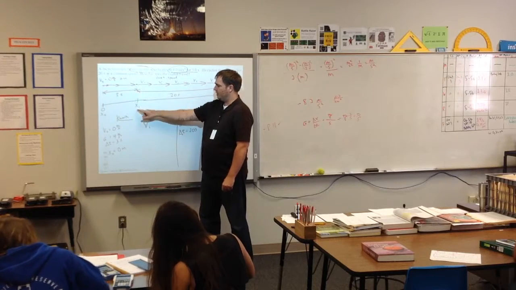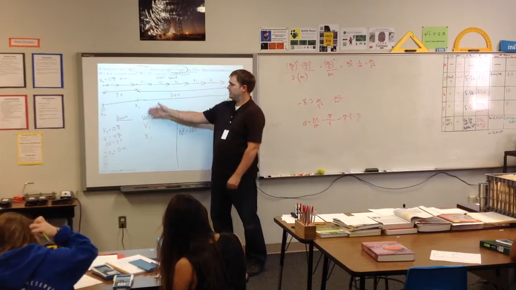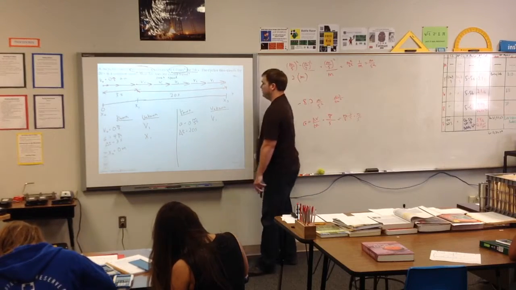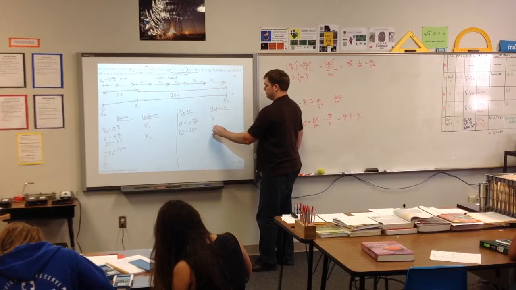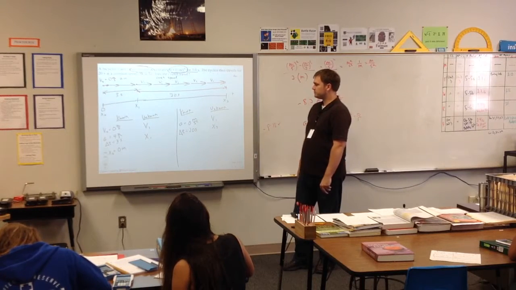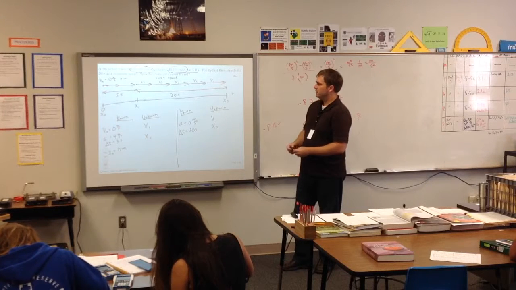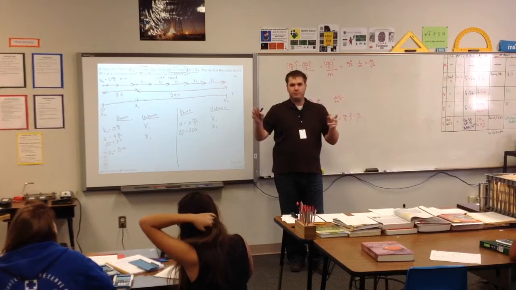But we don't know x1. We don't know that position. We don't know x2. Alright, we've got a lot of good stuff here. Let's make sure we don't lose sight of the forest for the trees.